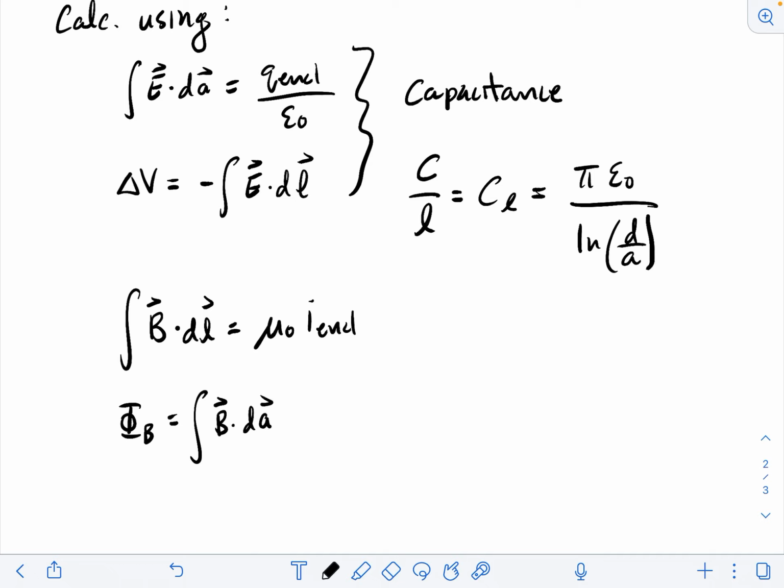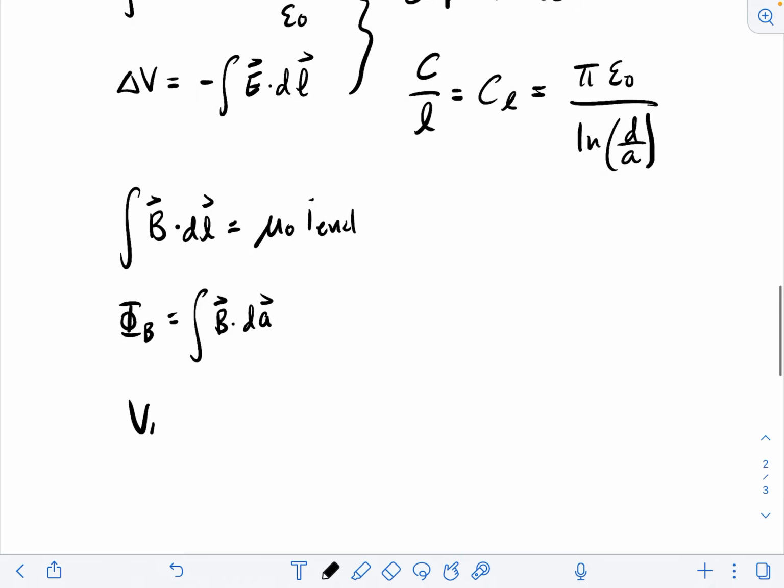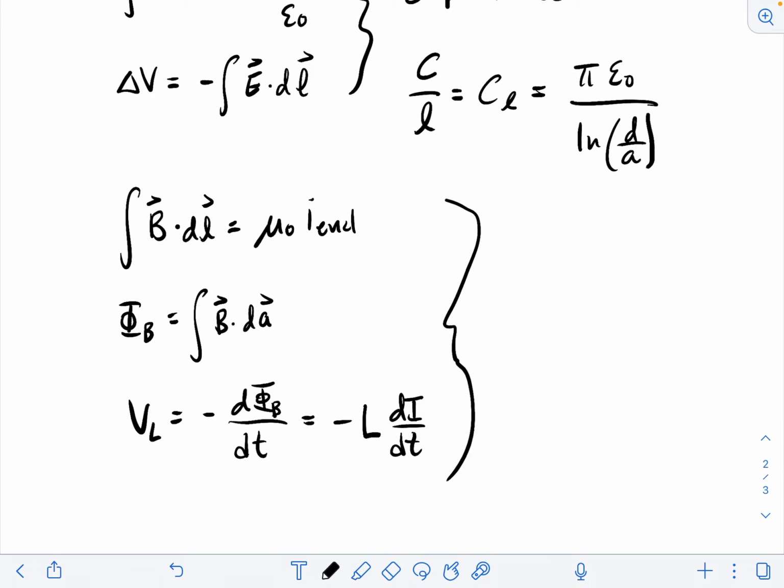Then by Faraday's law, the time derivative of the magnetic flux tells you the induced EMF, or equivalently, the voltage across your inductor, which you're going to set equal to L di dt, which then allows you to solve for the inductance.